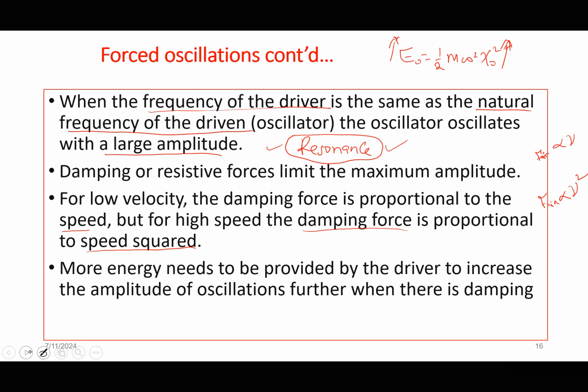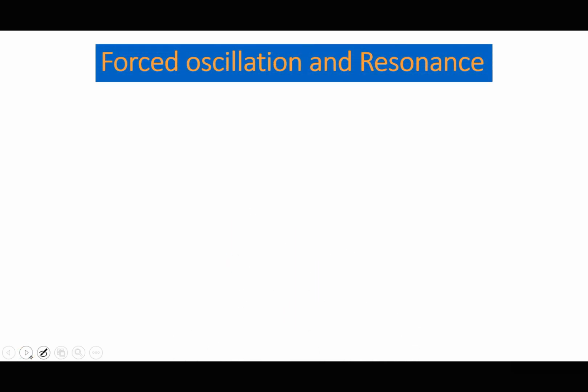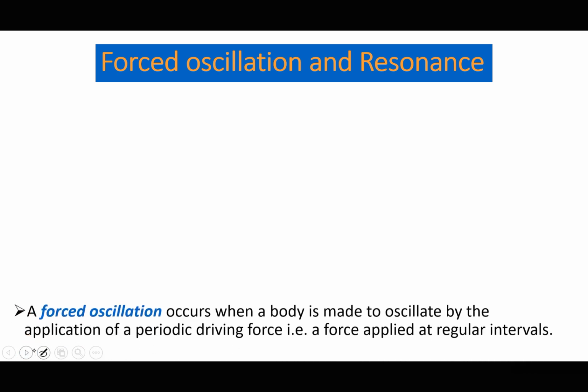Okay, so let's explore forced oscillations and resonance. Having seen that for forced oscillations, a system which is capable of oscillating is subjected to a periodic force to give it continuous momentum or energy so that it oscillates for a required period of time, let's explore what we mean by resonance.